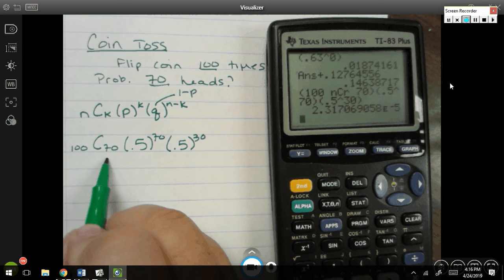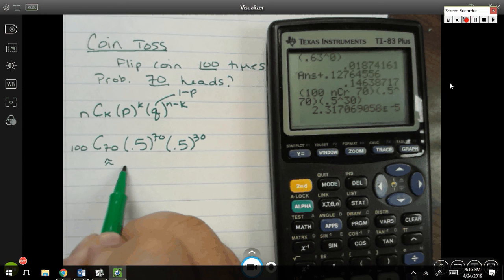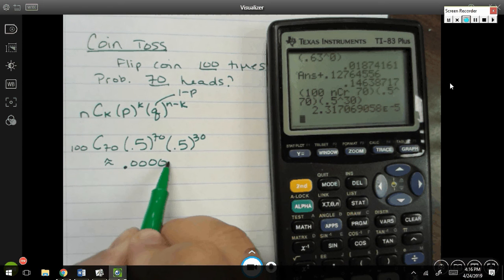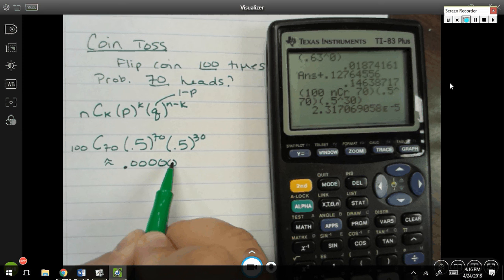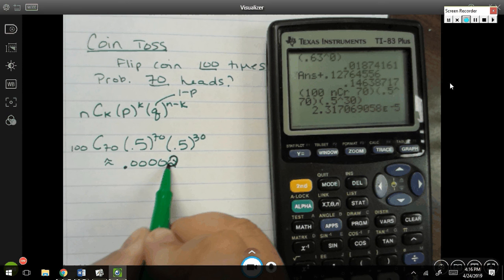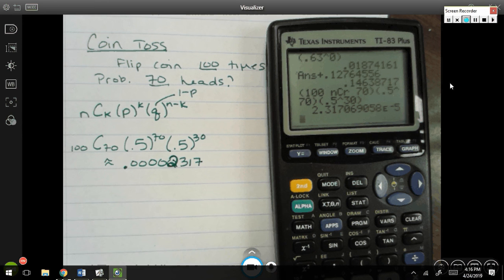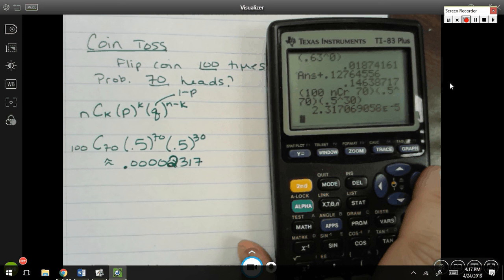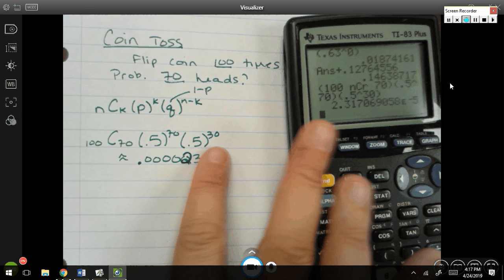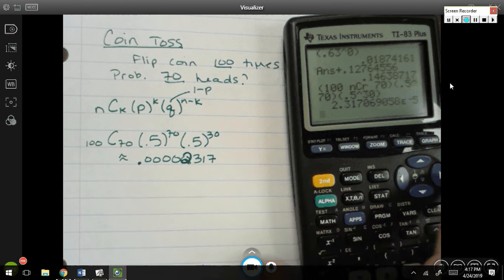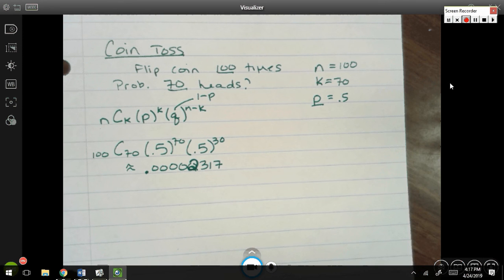Let's see, approximately 1, 2, 3, 4. Oh, not 5. 4. This is a 2, 3, 1, 7. Okay, that's your odds of flipping exactly 70. Now understand, I'm not saying 70 or more, 70 or less, exactly 70. Flipping it 100 times and getting exactly 70, so there's not a very good chance. Your most probable here would be 50%, since it's a 50-50 chance here of getting either one.